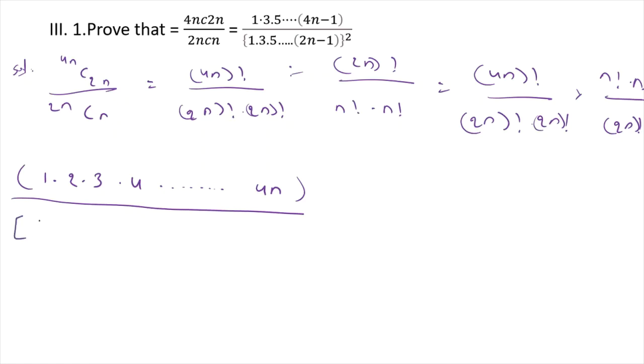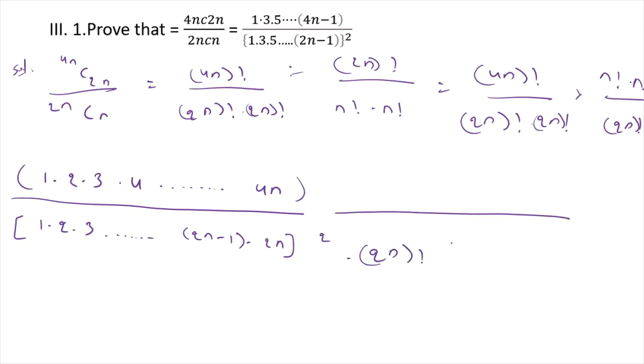So 2n factorial I can write as 1 times 2 times 3 so on up to 2n minus 1 times 2n. So we have 2n factorial times 2n factorial; I am keeping one 2n factorial as it is, and then n factorial times n factorial. So n factorial means 1 times 2 times 3 so on up to n, whole square.